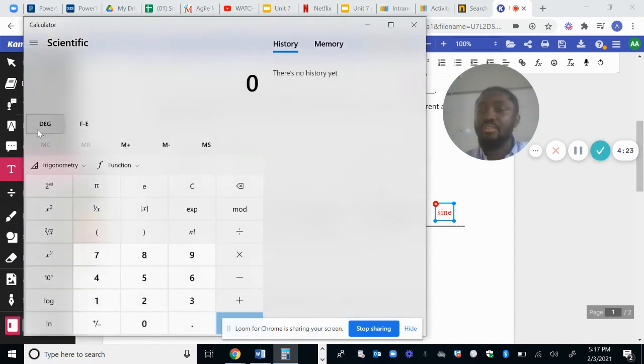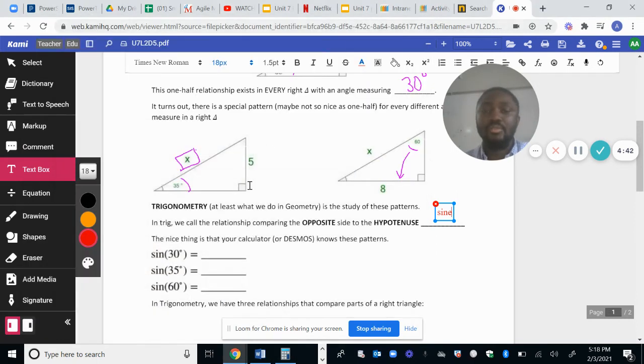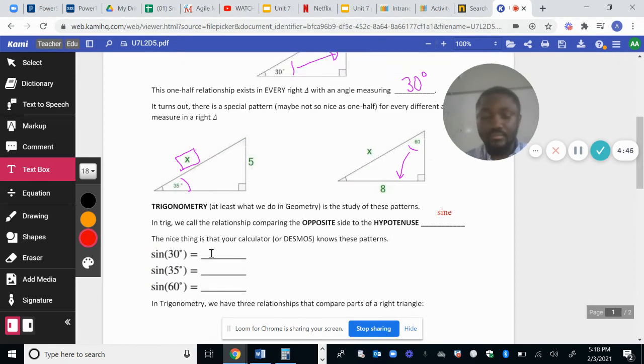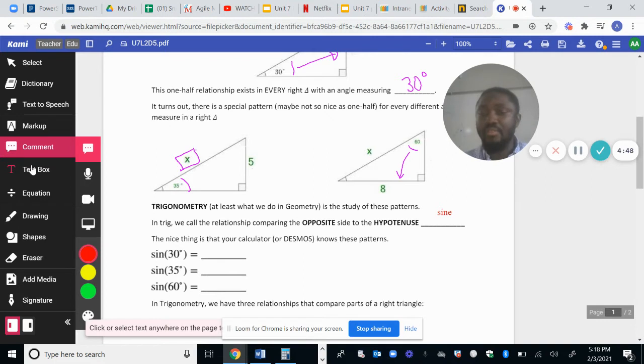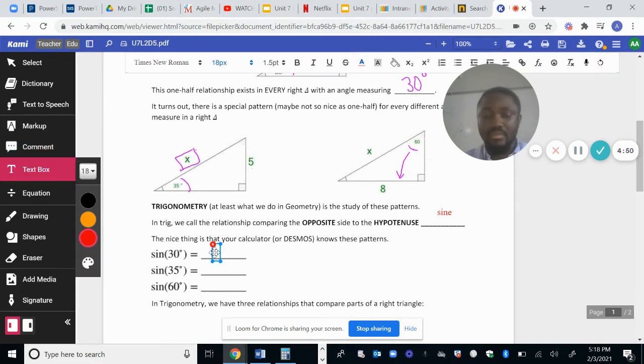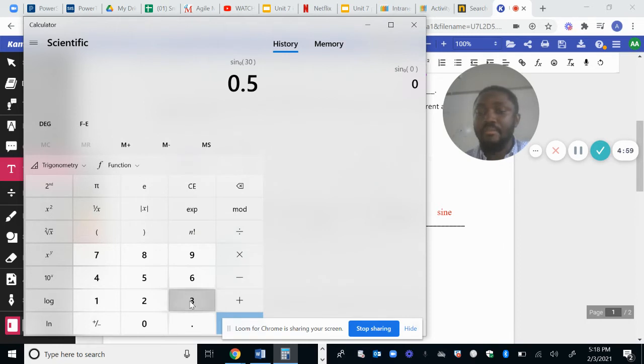On your calculator, just click on 30, then trig, then sine. It gives you 0.5. So the sine of 30 is 0.5, or half. The other one, sine of 35: press 3, 5, and then press sine.